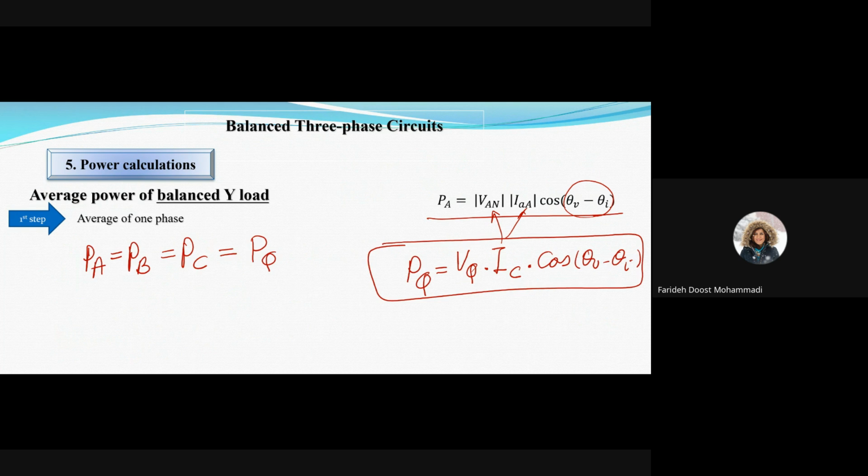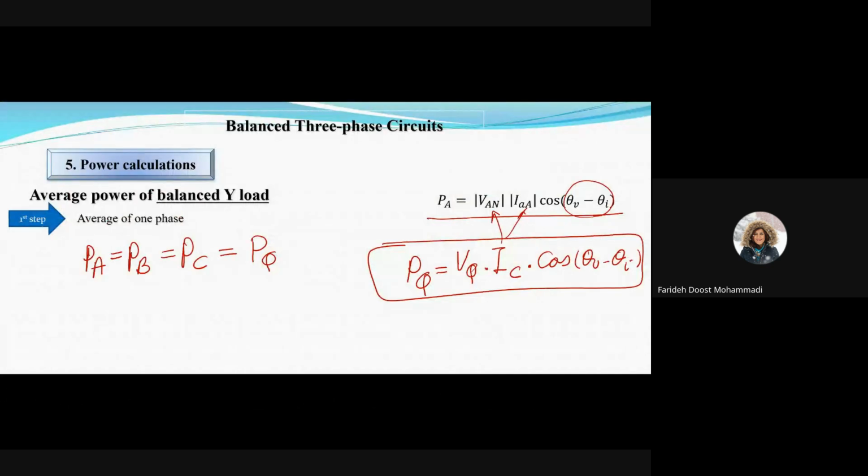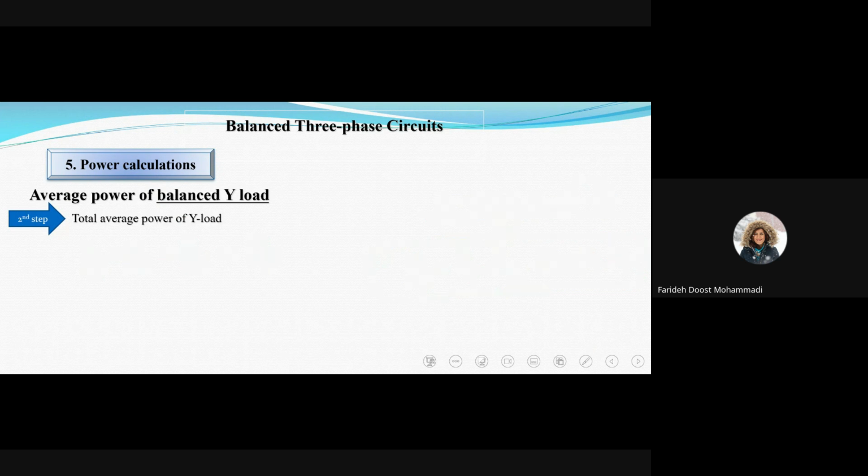This is going to be the same for all three phases. If I need the average power consumed by the whole load, then I have to multiply the power by 3 to get the total average power of the load.